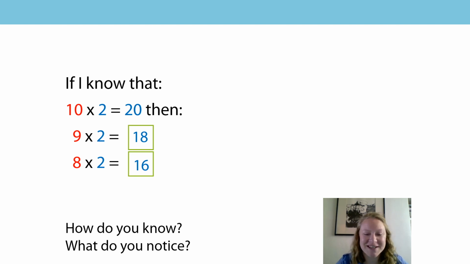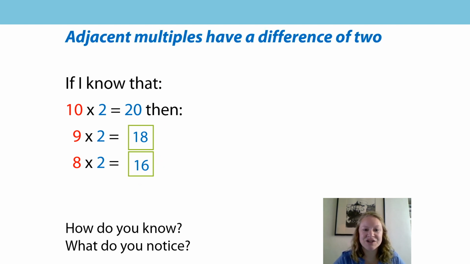They're also decreasing, aren't they? And as our factors decrease over here by 1, then our product decreases by 2, because we're going down 1 group of 2. So our products go down in 2s. So we know that adjacent multiples or factors have a difference of 2.